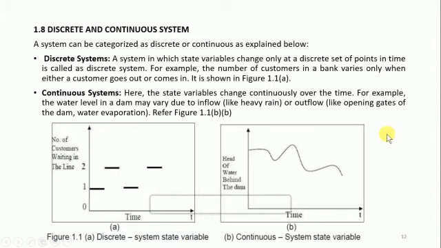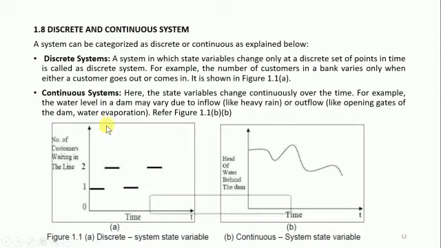So what will happen? The water will go out from the dam. The water will continue going out as long as you open the gate. So this is a continuous event. So this will be called a continuous system.